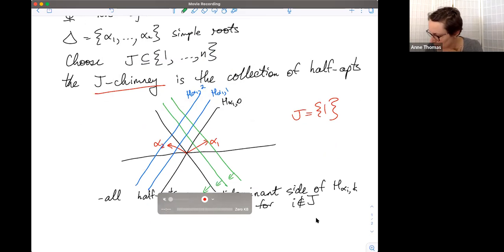And so this will be H alpha 2, 1, this is H alpha 2, 0, the black one.